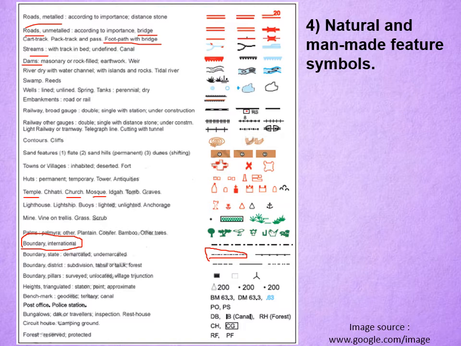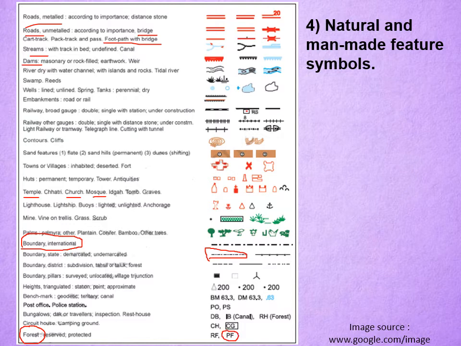You can also see that whenever a specific symbol is not given for a feature, say for example here you can see the forest, one is reserve forest, one is protected forest, people are not able to give a specific symbol, so they use the abbreviated form.